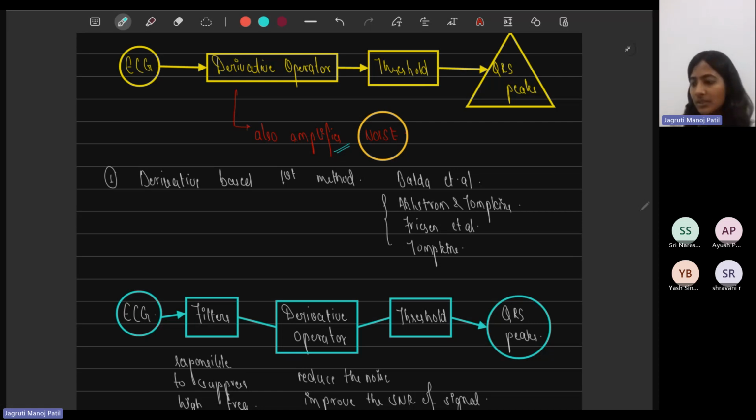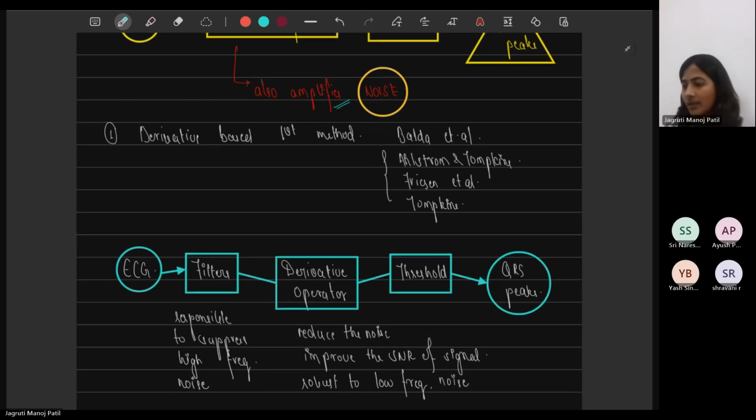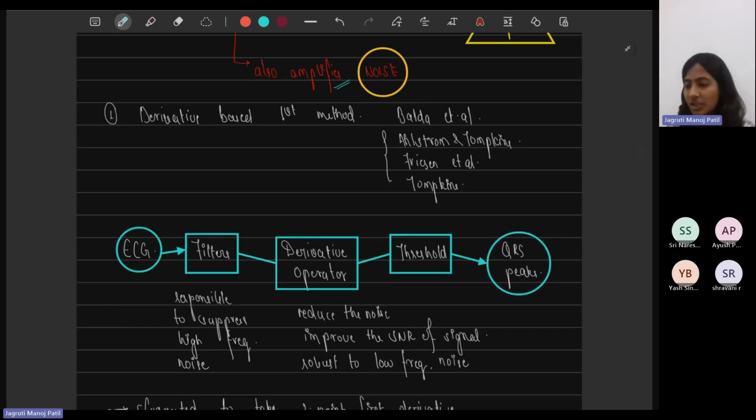Initially, what we were doing in the first one was taking the derivative operator. Now it will reduce the noise, but only the low frequency noise, because what we are using is just a low pass filter, not a high pass filter. So it will improve the SNR and be robust to the low frequency noise. But what to do for the high frequency noise? Hence we use a filter which will suppress the high frequency noise. And then similarly a threshold and the QRS peak detection.